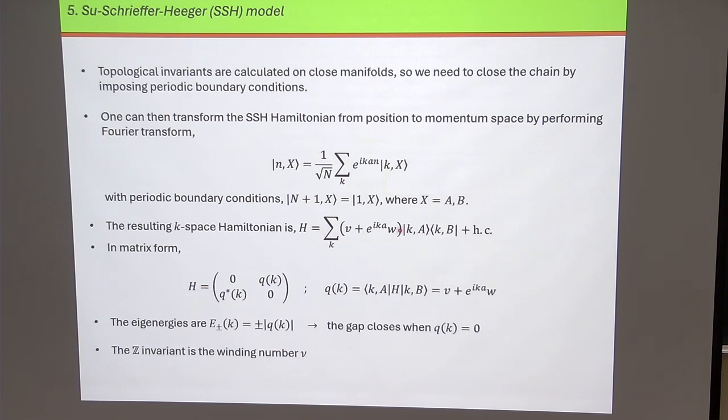And then if you want to write the matrix of this, you just compute the matrix elements, and these are the matrix elements. Then you will get this Hamiltonian, because when you have this A and B, the diagonal terms go to 0, and then I end up with this matrix here. This is the matrix of my Hamiltonian in k space, of this translationally invariant Hamiltonian in k space.